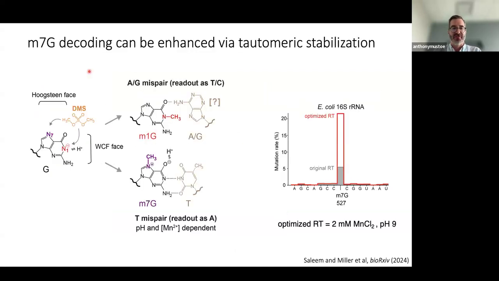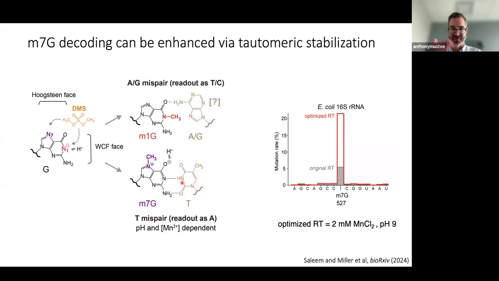So the first thing that we wanted to do is improve the ability of our mapping protocol to actually detect these N7 modifications. And what we reasoned was that the reason that these N7 modifications were being detected as A mutations is that they were inside the enzyme active site. They were being decoded as Ts.